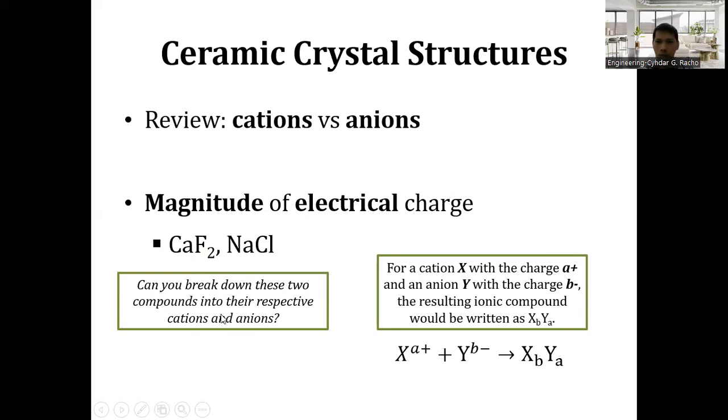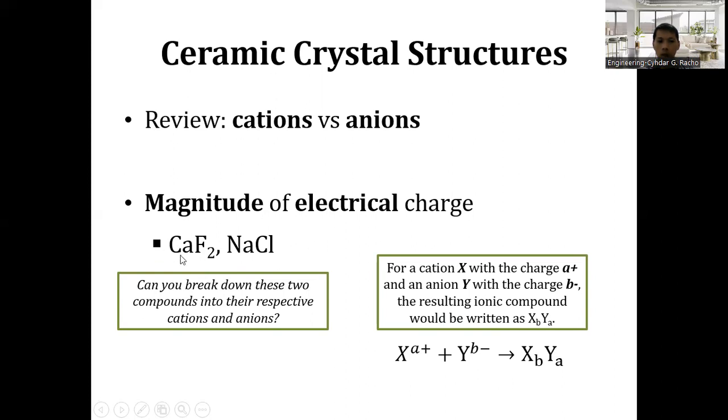Of course, you can verify that in your periodic table, but say there's no periodic table and you are in a hurry, you can just follow how chemical equations are written, especially in ceramic materials. So here we have calcium fluoride.